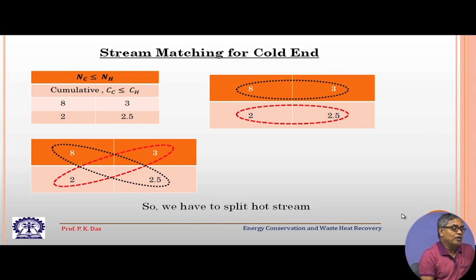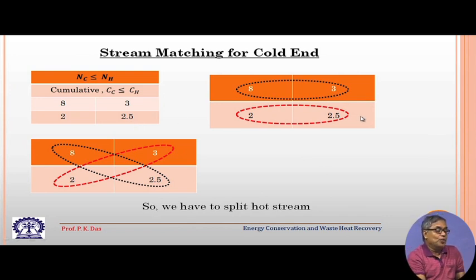Now, if we go for stream matching for the cold streams, we find that NC is less than or equal to NH. That is one good thing we have found. So, this is satisfied, but for the cumulative CC and CH, on one side we have 8 and 2, and on the other side we have 3 and 2.5.